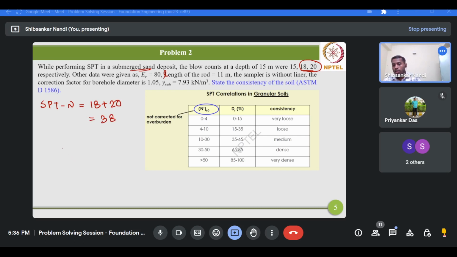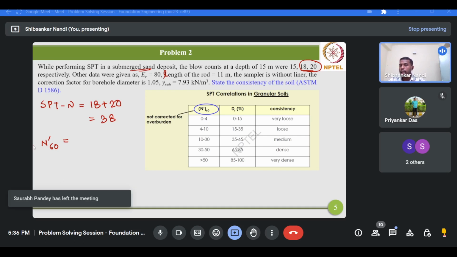Now we'll come to this topic, N prime 60. N prime 60 is the corrected SPT N value, and please keep in mind that the SPT N value is always standardized to some energy ratio. For example, the suffix 60 denotes the standardized energy ratio value, which is 60%.